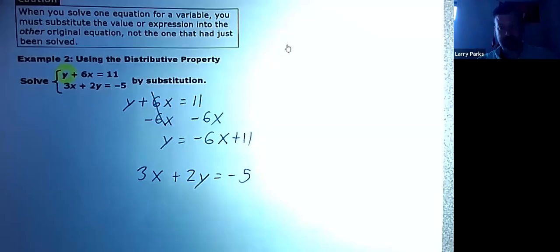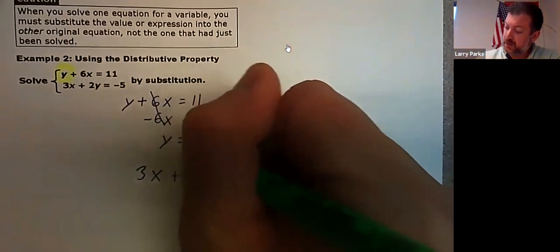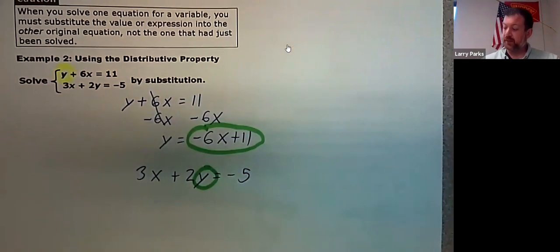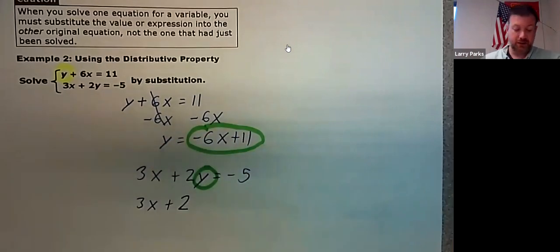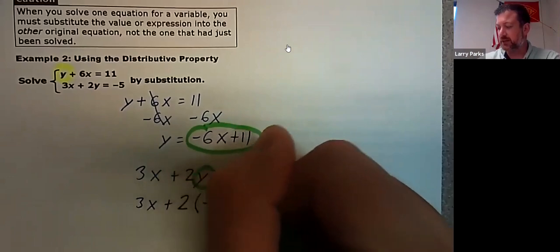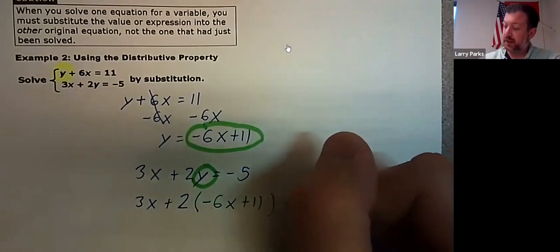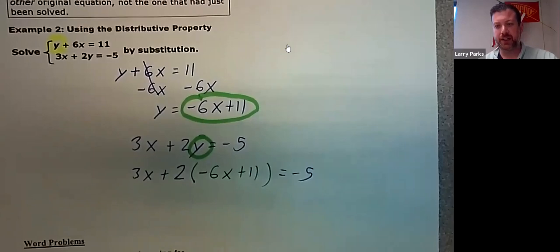So I would take this, substitute here, and I'd get 3x plus 2, and then, notice parentheses, negative 6x plus 11, equals negative 5. And then from there, you're down to algebra 1, you just solve for x. Right.